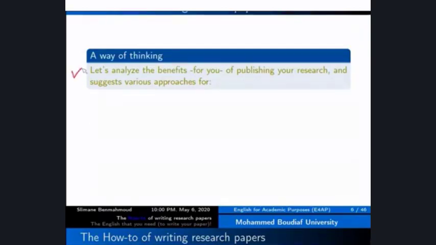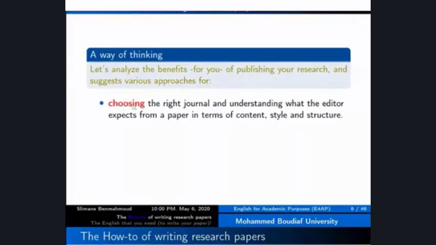Well, in the next slides, I'm going to analyze the benefits of publishing a research paper, and I'm going to suggest some approaches to help you. First, to help you choose the right journal and to understand what the editor expects from a paper in terms of content, style, and structure.